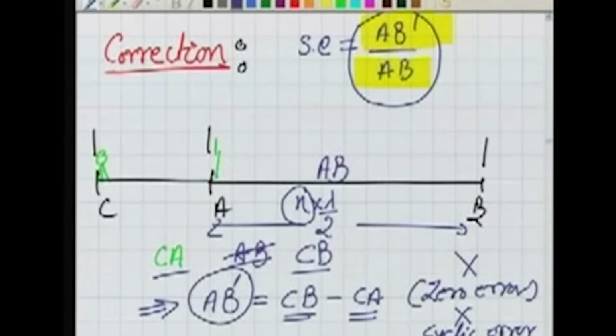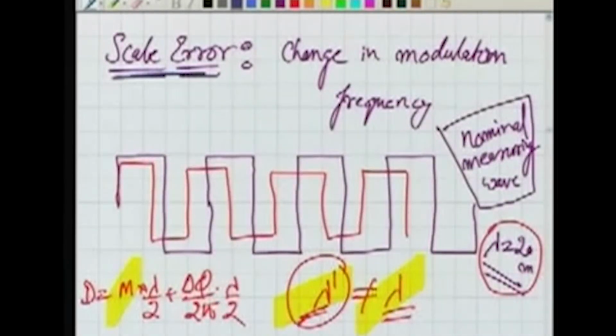scale error. Now one thing you will understand very quickly, as you are seeing here, if your lambda dash is different than lambda, so in each multiple of the wavelength, in ideal case we should have been measuring one lambda like this, but because of this difference in the frequency modulation, our lambda is this much.